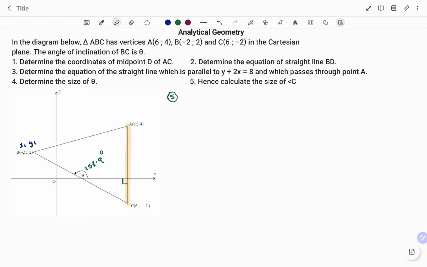Likewise, we have the straight line BC such that the angle theta is an external angle to the triangle as shown, and using the external angle of a triangle equals the opposite interior angles, I have 153.4 degrees, that's theta, equals 90 degrees plus the angle at C.